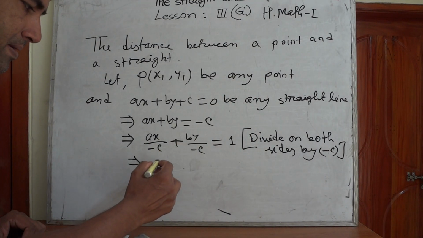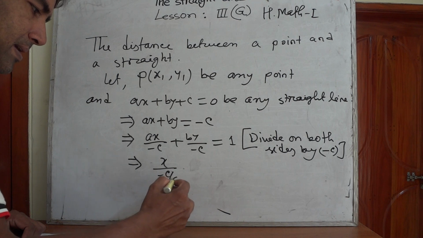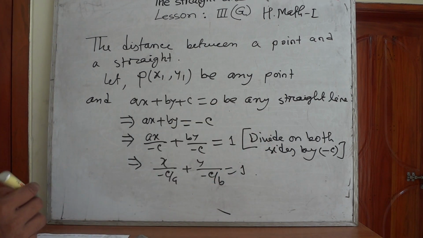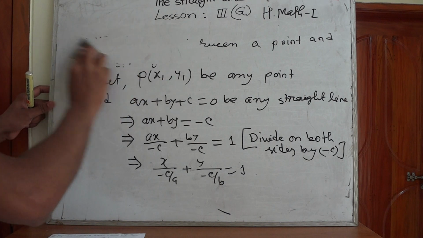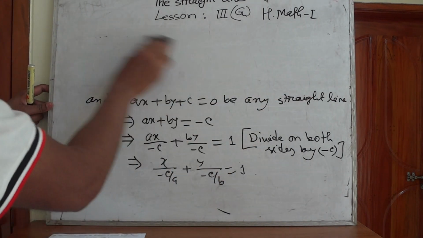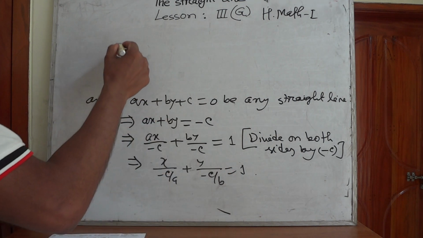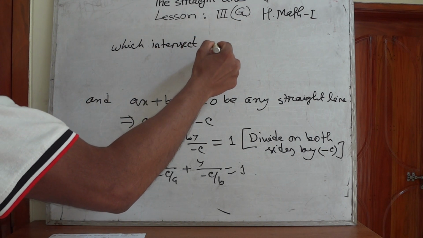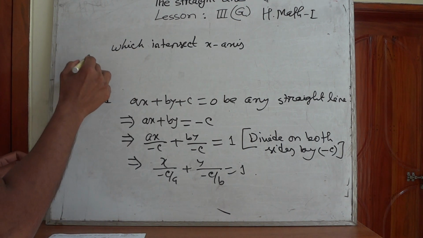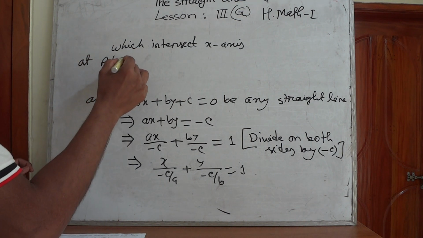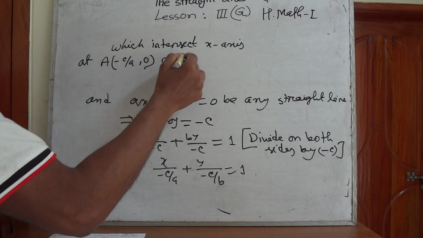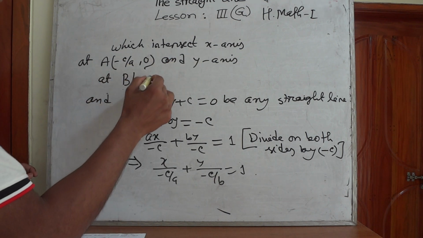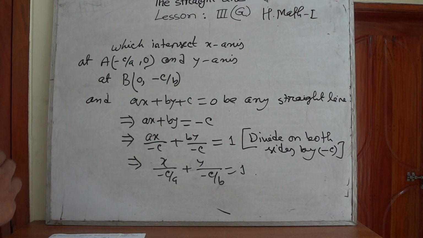This we can write as x divided by minus c by a plus y divided by minus c by b equal to 1, which intersects the x-axis at A(minus c by a, 0) and the y-axis at B(0, minus c by b).